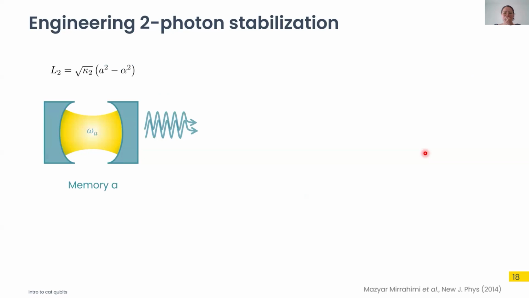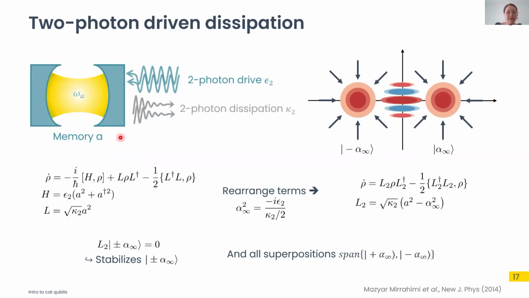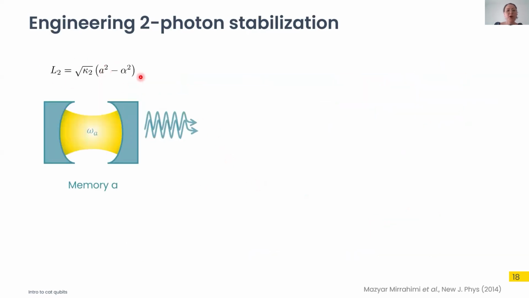However, these equations are equivalent to having this jump operator, which basically says your cavity only loses photons 2 by 2 around the steady state alpha with the environment. However, this kind of two photon dissipation needed to stabilize the cat state is not naturally occurring in typical cavity resonators.